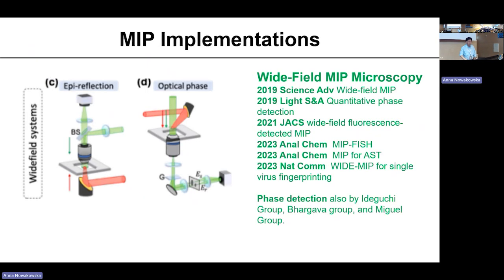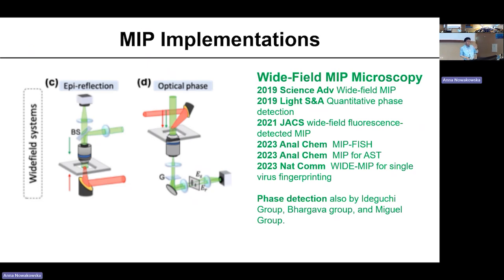The second method is called wide-field MIP microscopy. This is like wide-field fluorescence. In this method, you can match the IR focal area and the visible focal area exactly, right? So all the energy can be used for high-throughput measurement, reaching 1,000 frames per second chemical imaging.